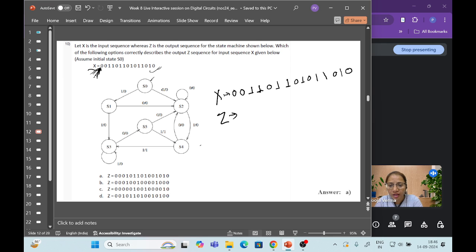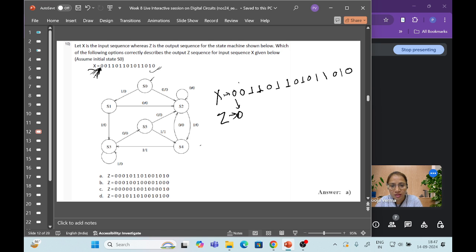When the input is 0, the corresponding output is 0, so I am writing 0 here. It moves from state S0 to S2 for input 0, and when the input is 1, it moves to S1. Now we have reached state S2.